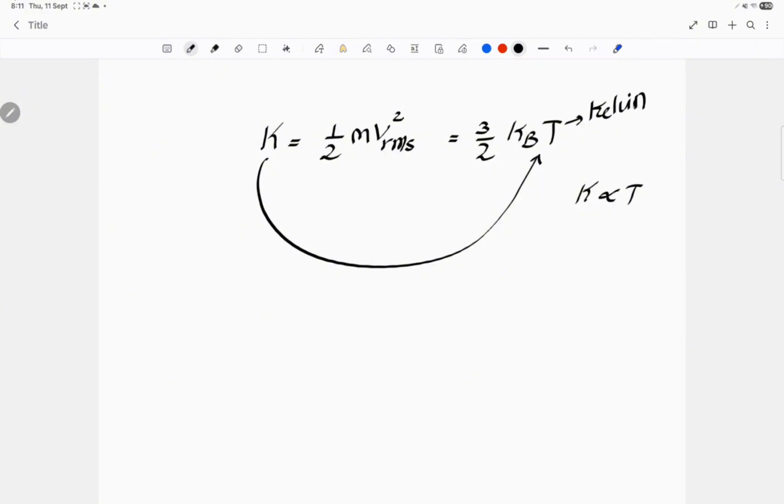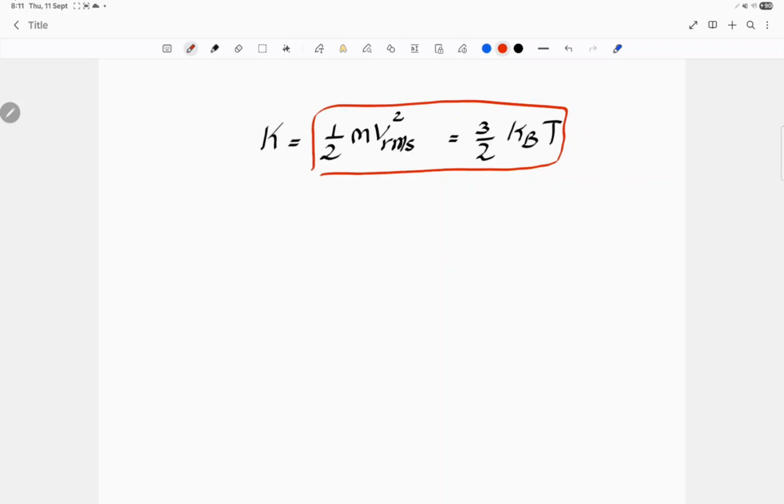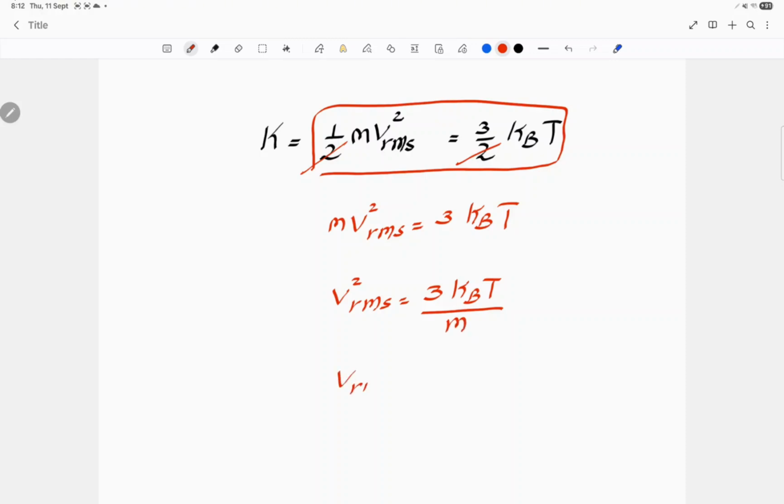It's the Kelvin temperature. Now, if I were to just equate those two equations to each other, then I could do the following. I could remove the 2's in the bottom, end up with m v squared rms is equal to 3 kB T. Now I'm going to isolate for the v squared rms to be equal to 3 kB T over m, and now the v rms is equal to the square root of 3 kB T over m.